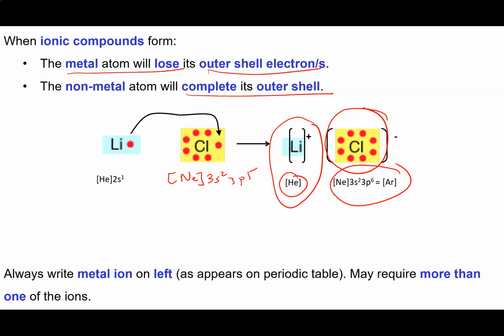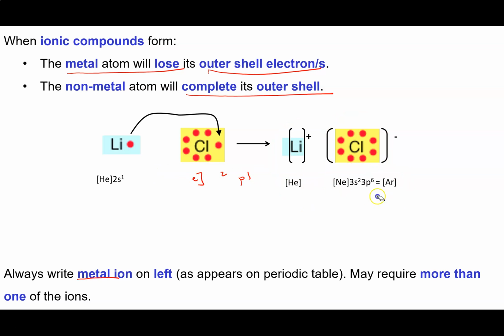So something to keep in mind when you are doing these diagrams, you always write the metal ion on the left, just as it appears in the periodic table. And something that can happen is that you require more than one of the ions. So I'll do a few examples where we have more than one of the ions now.